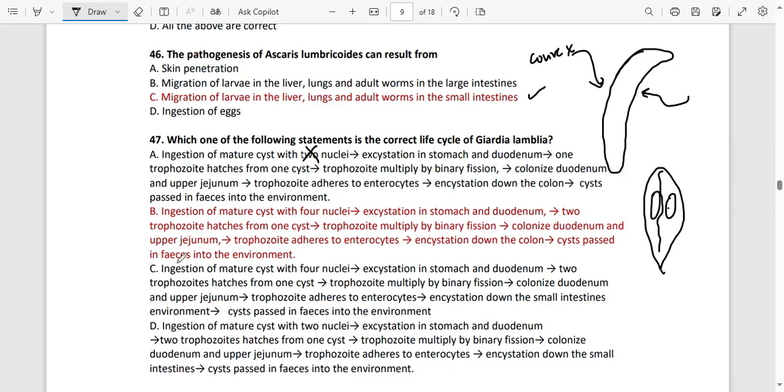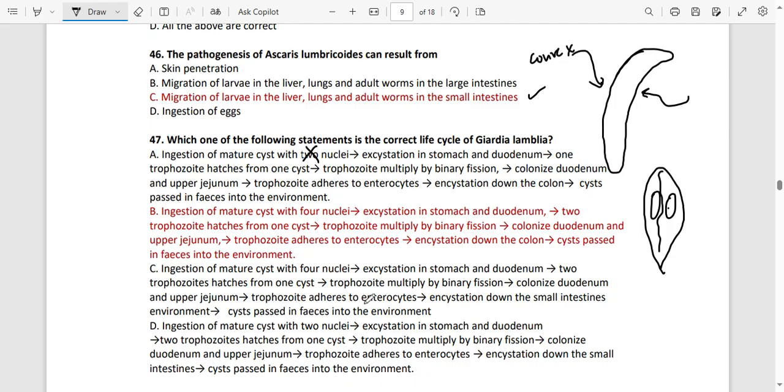Okay, what's the difference with B? Has anyone noticed any difference with B? Ingestion of mature cyst with 4 nuclei, excystation in stomach and duodenum. Two trophozoites hatch from one cyst. Trophozoites multiply by binary fission, colonize duodenum and upper part of the jejunum.